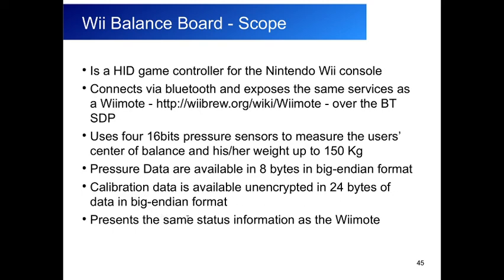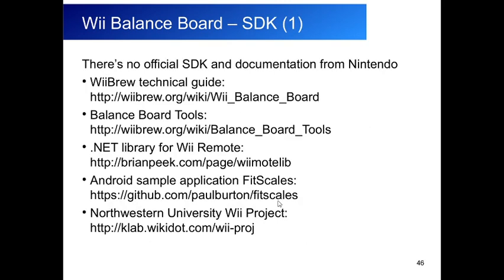And they present the same status information as Wiimote. So if you look at the technical guide of Wiimote here, you have a lot of additional information and details. And it's very interesting to maybe hack the Wiimote device because you can retrieve a lot of information.